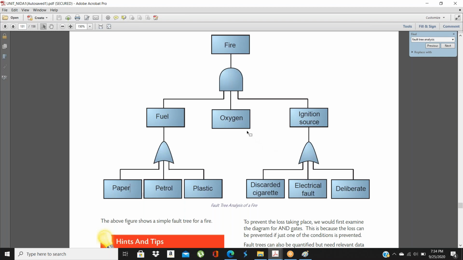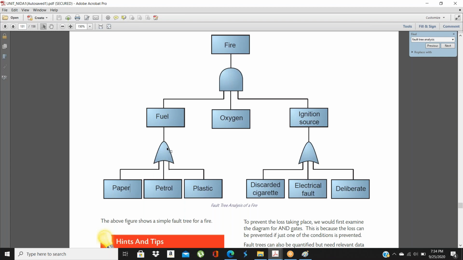Basically the OR is the justification of the AND, the justification of that event. Don't confuse yourself with the extra words.